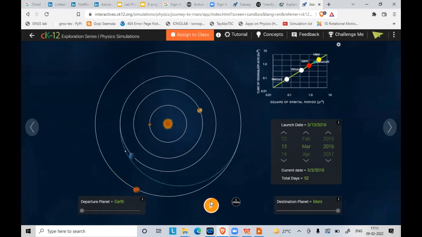So here is your spacecraft launched from Earth. Yes, and the launch is successful. The spacecraft is captured by Mars, and if it is an orbiter, it has started orbiting around Mars. If it is a rover, then it has to go through further steps to land on Mars.